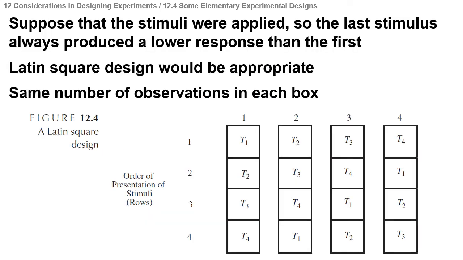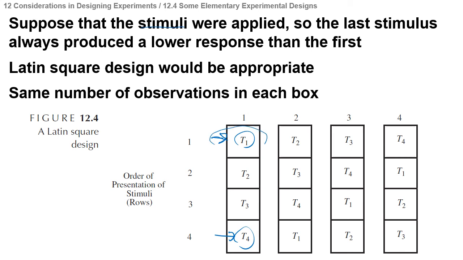Suppose that the stimuli were applied, and the last stimulus always produces a lower response than the first. When we get treatment 1 to treatment 4, and let's say our treatments are stimuli, the last response would probably be lower than the first.